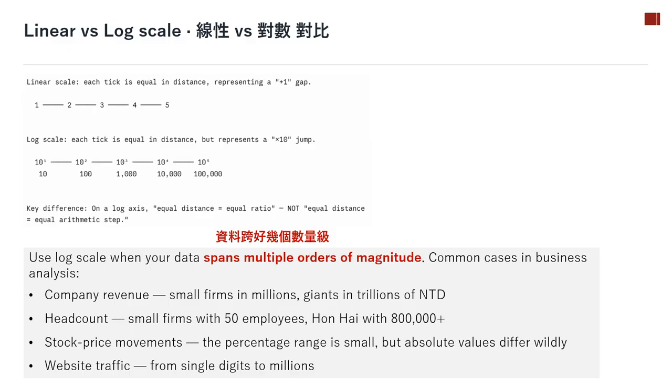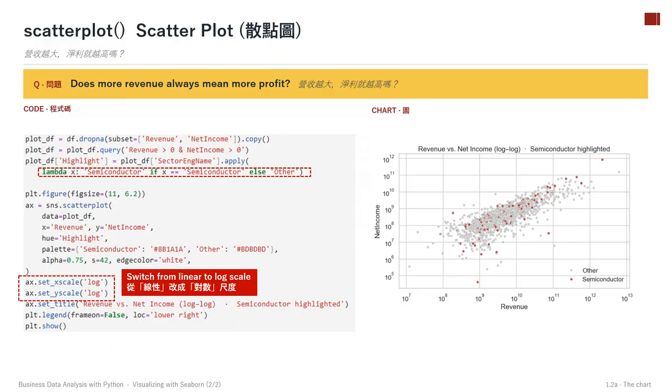So we want to change from the linear scale to log scale. If your data spans multiple orders of magnitude, please change from the linear scale to the log scale to make sure your figure will look pretty.